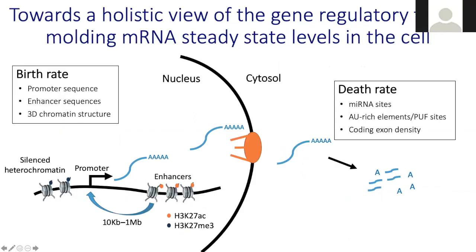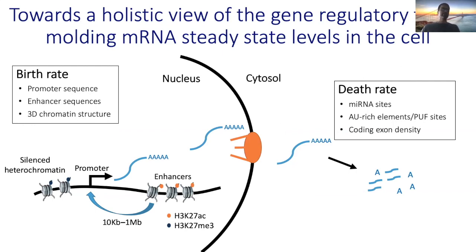So if we think about the different modes of gene regulation holistically, from the perspective of what governs mRNA steady state levels, we can think of this as two sides of the equation: different determinants that govern the birth rate of mRNA and other determinants that govern the death rate. With respect to the birth rate, of course, there's the promoter sequence at the beginning of a gene that governs maybe the basal activity of transcription, but there are also distal elements such as enhancers, which can be up to a megabase away.